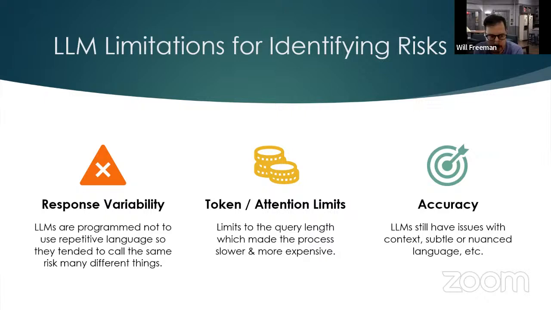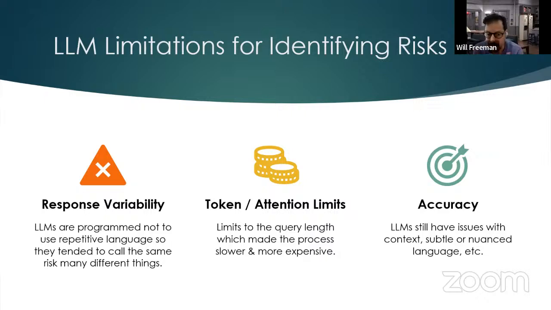Another problem you run into is token and attention limits. If you're using GPT-4, there's a pretty tight, in my opinion, token limitation that you can go over. So if you give it too much in the prompt, it doesn't work. And for other models, GPT-3.5 or whatever, it just won't do as good a job when the prompts get too big. It just can't pay attention that well. Even GPT-4 has problems with that.